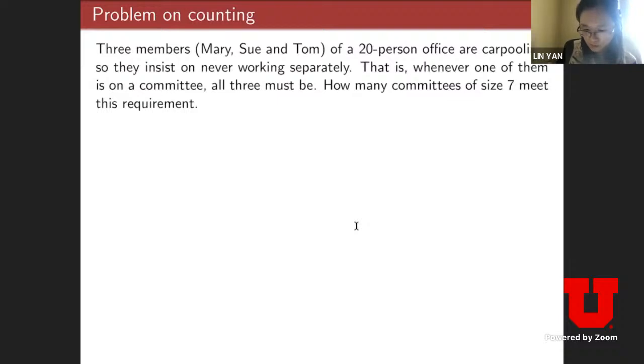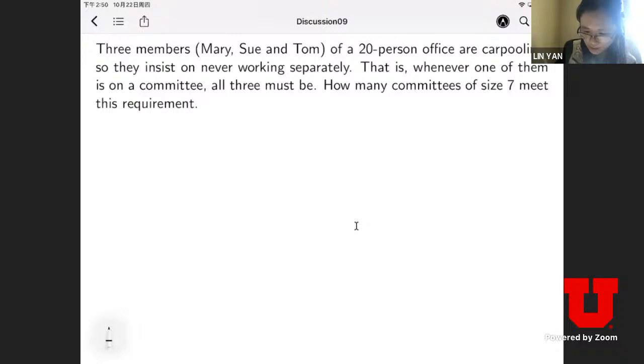Okay, there are several pieces of information contained in this problem. Firstly, the committee should be 7 persons. So the number of seats should be 7, and there are 20 persons in total.